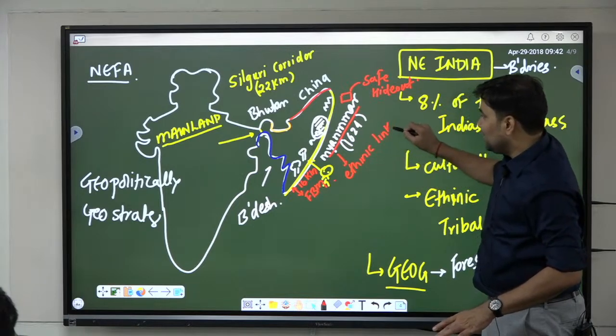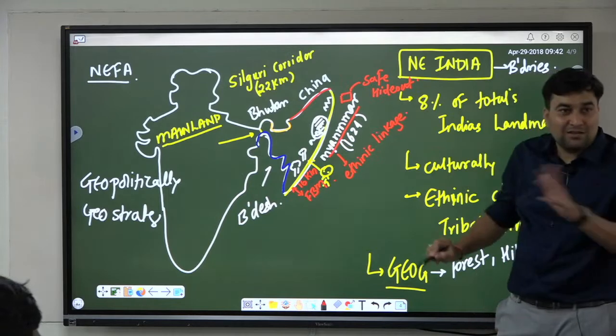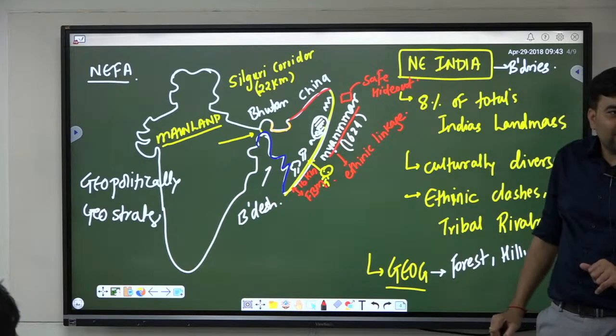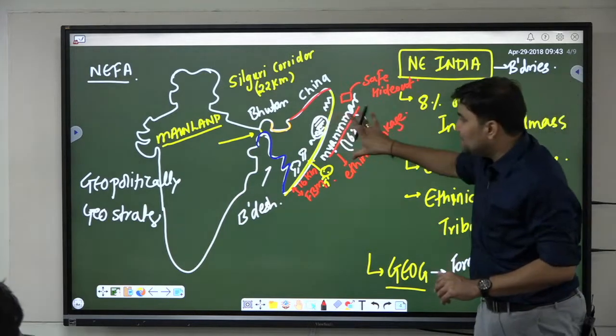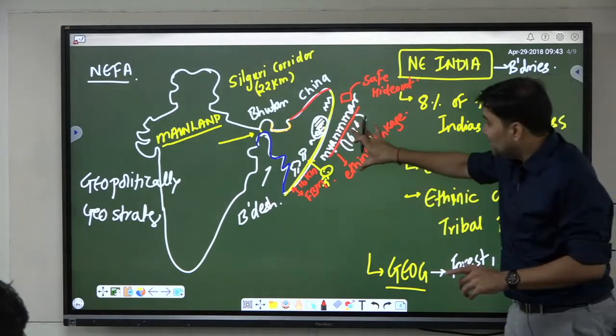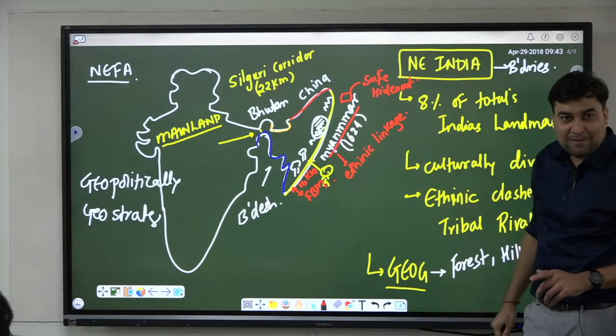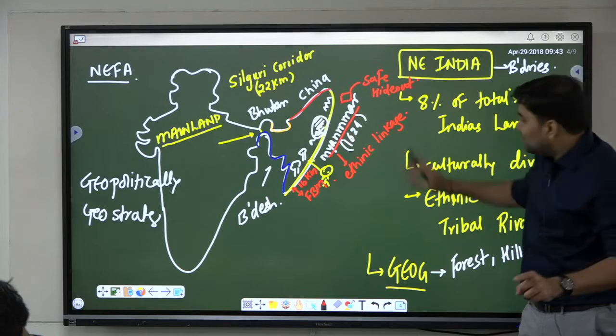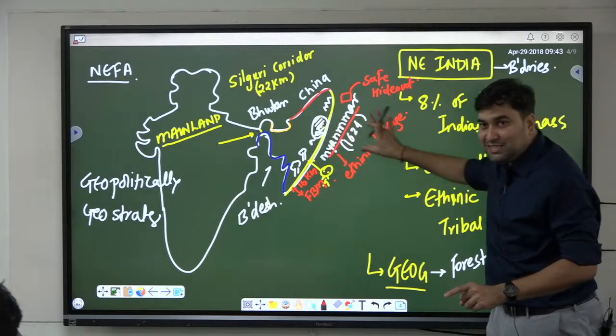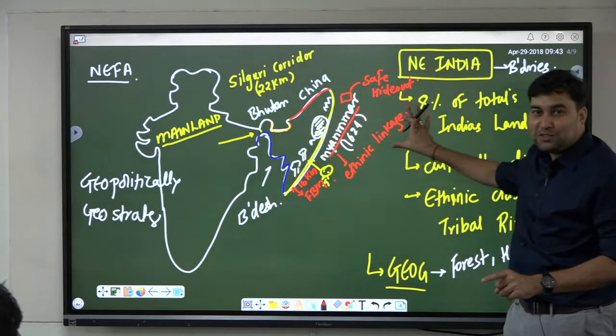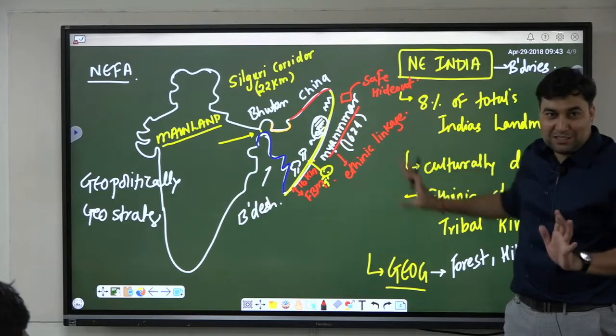Some of them even have roti-beti ka vyavhar. Getting the idea? So because of this, easy passage is there. That means because of ineffective border management, what has happened? Easy arms, easy attacks and safe hideouts are present, and because of that insurgency is still present.